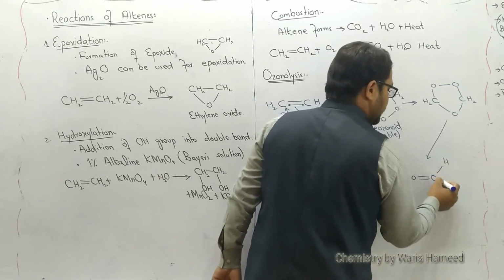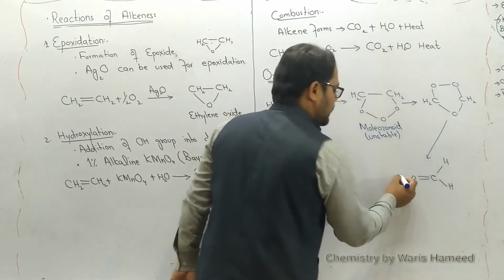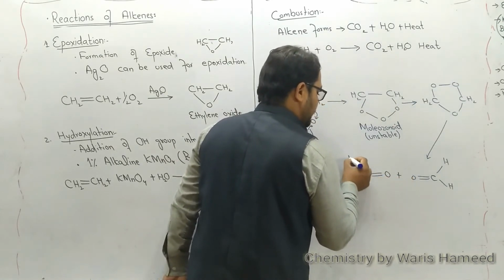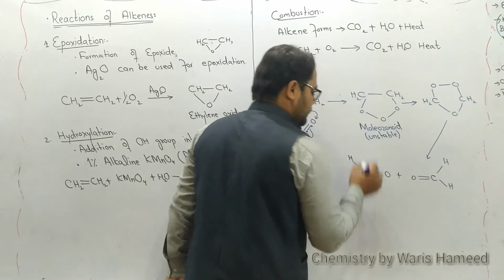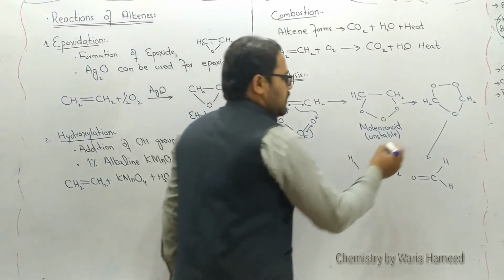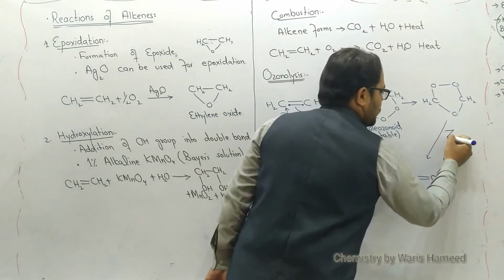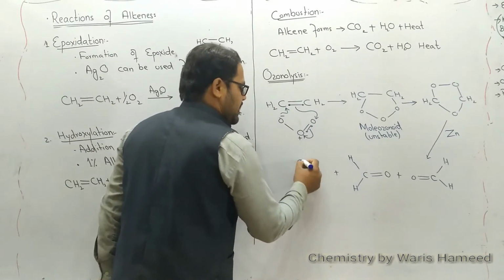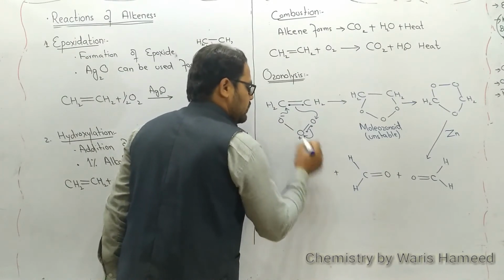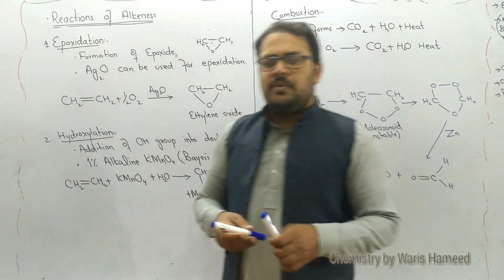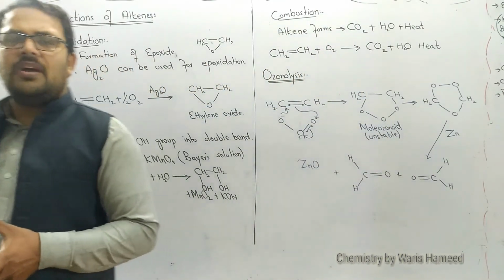Here will be hydrogen, hydrogen, oxygen, carbon, hydrogen. And in this reaction we will use Zn. Here will be the formation of ZnO. This zinc oxide in next step will react with water to form hydrogen peroxide.